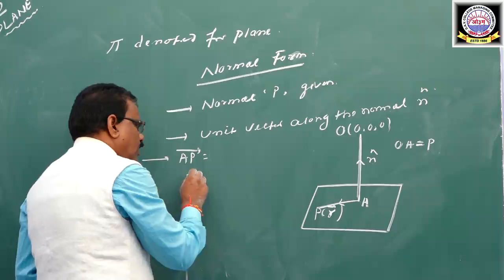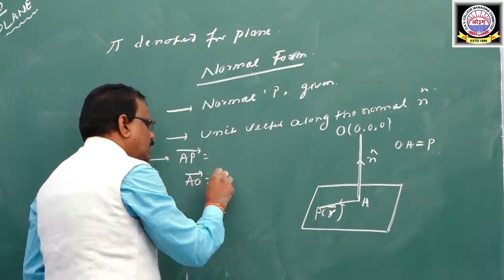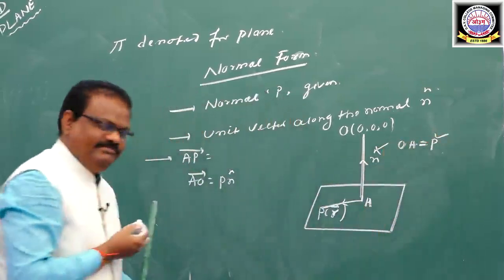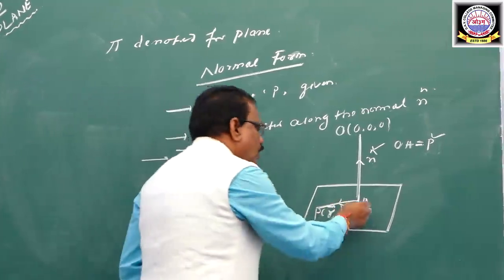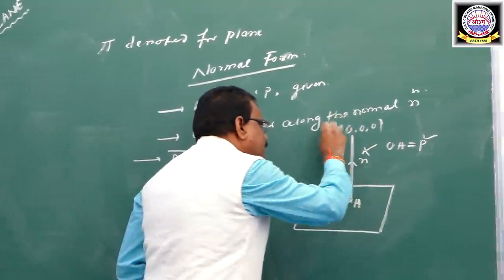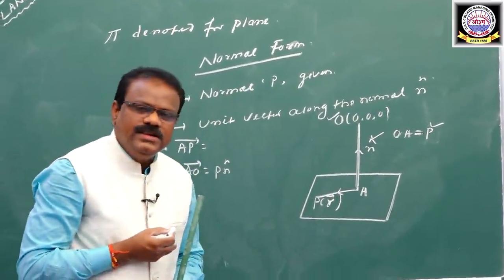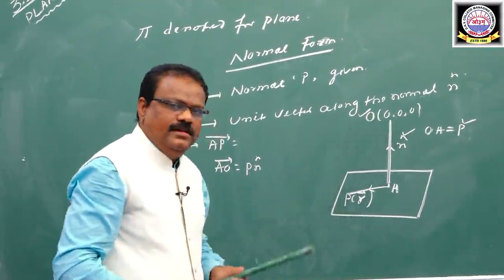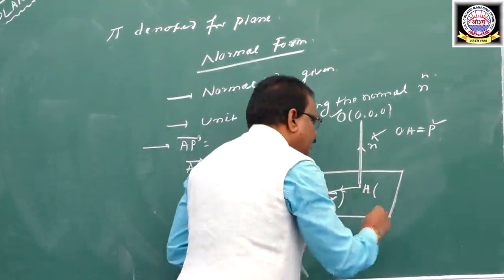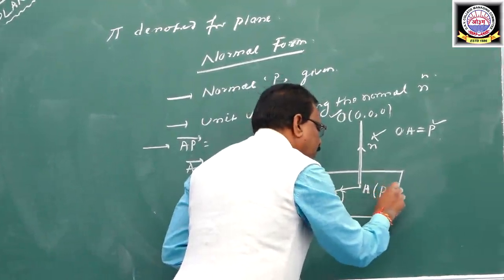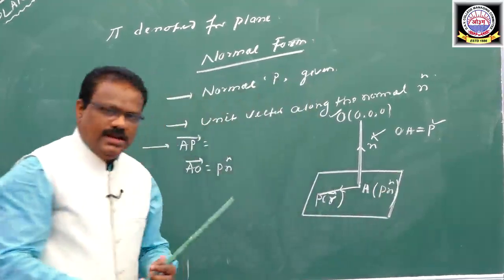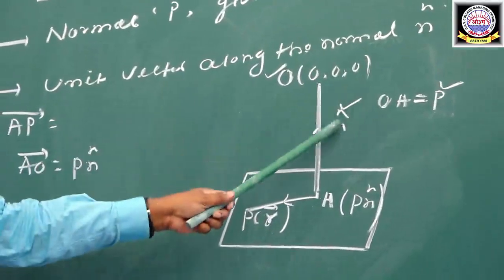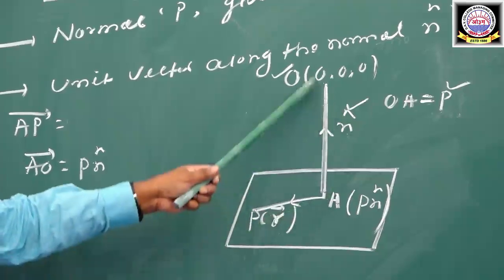So obviously the AO vector will be P n cap, because this is the magnitude and this is the direction, correct? And the AO vector is a vector starting from the origin, so we will call it a position vector. Position of which point? The position of the point O is already there, so obviously it is the position of the point A. So the position of the point A is undoubtedly P n cap, correct? P was given, n cap is there. Magnitude and direction, that becomes a vector. OA is a position vector.